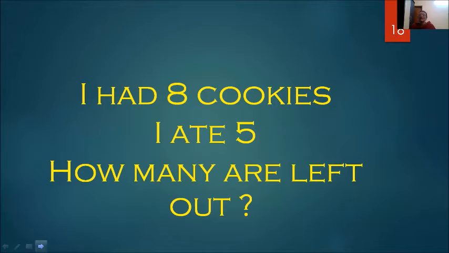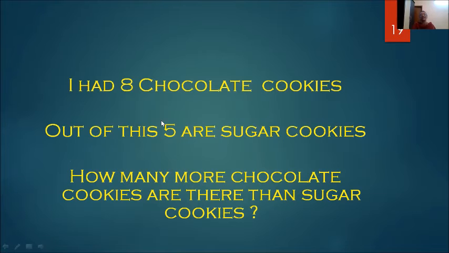So the child obviously, what is the operation here? Though it is subtraction, he just removes from the whole lot of 8, and a subtraction is taking place there. Now, if you look at the same problem in this manner: I had 8 chocolate cookies and out of this 5 are sugar cookies.